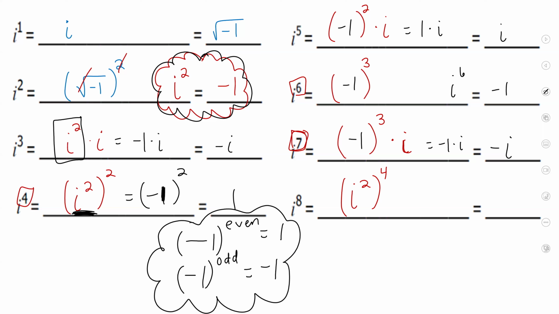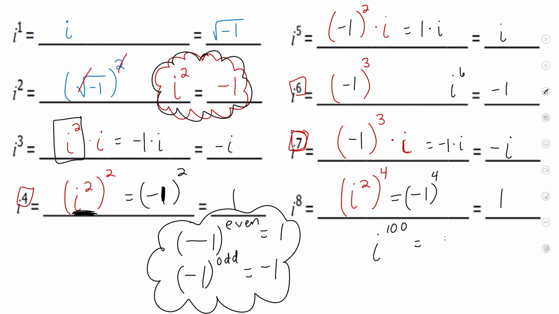Okay. Remember, i squared is just negative 1. So this is negative 1 to the power of 4. And that's going to be even. 4 is even, so this is just 1. Let's do a harder one. What if I said i to the 100?